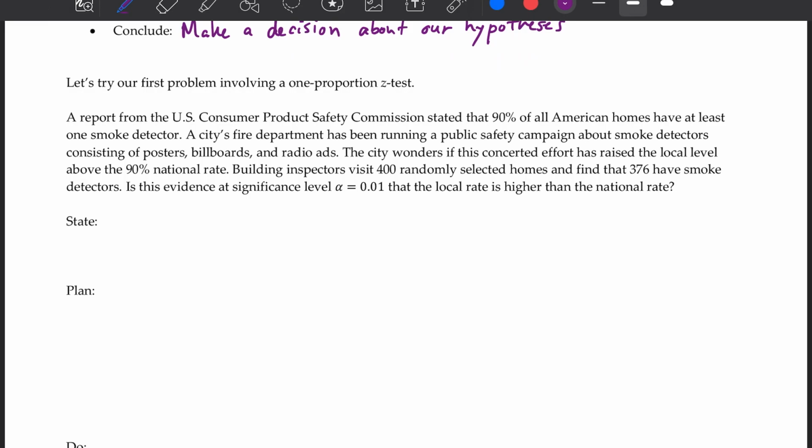All right, so let's go ahead and get into this. So first we're going to state our hypotheses. So we've got our null hypothesis would be that this city actually is the same as the national average. So in this case, P is 0.90. Our alternative hypothesis, well, as we read in here, they want to know, is the local rate higher than the national rate?